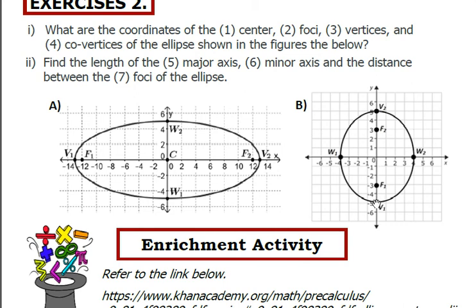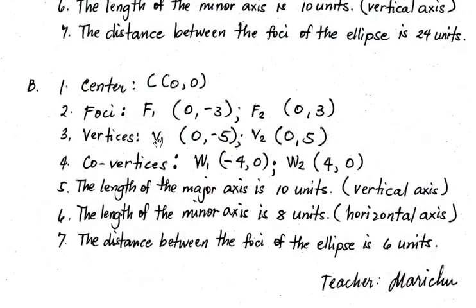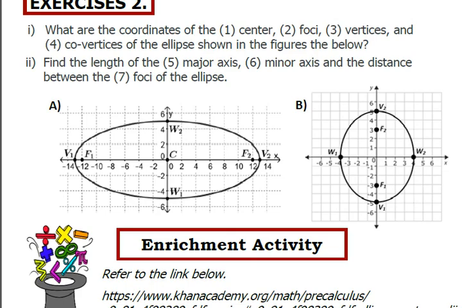So for number 4, the vertices. The vertices are 0, 5, and 0, -5.